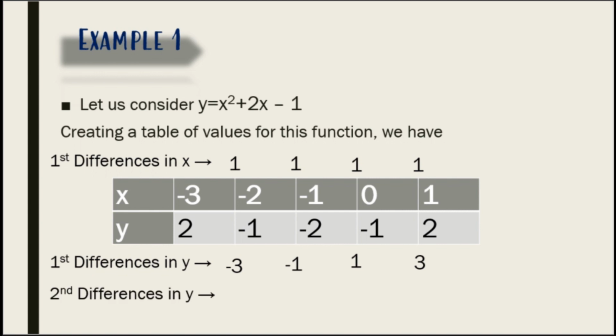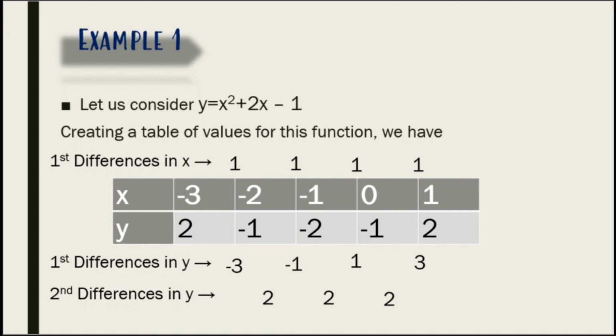With the first differences in y, the second differences will be 2. We get that by subtracting two adjacent first differences of y, meaning -1 minus -3 gives us 2, 1 minus -1 gives us 2, and 3 minus 1 gives us 2. So we have equal second differences in y.